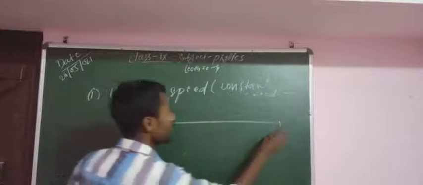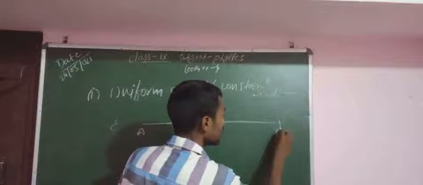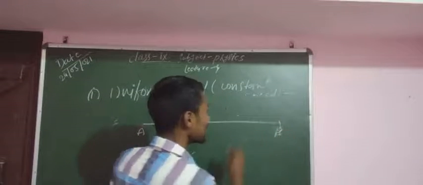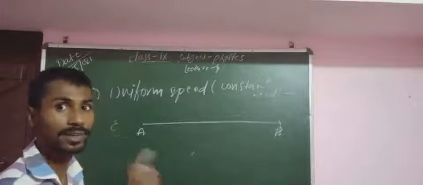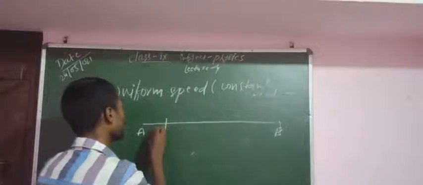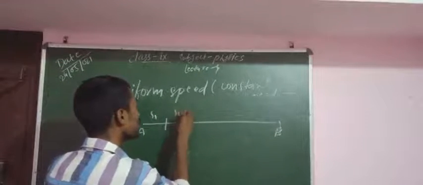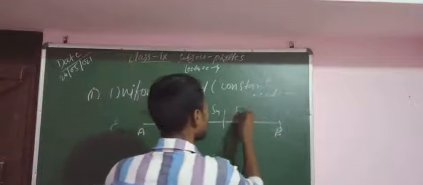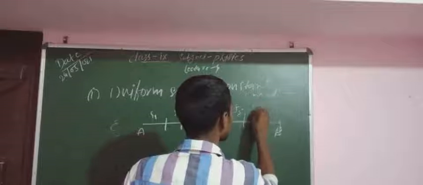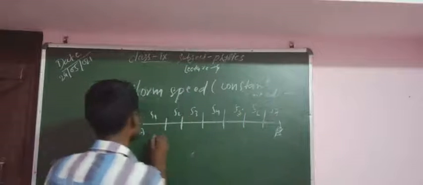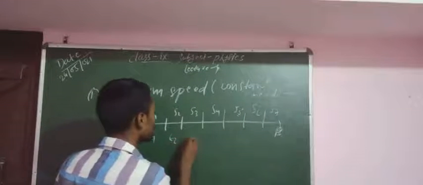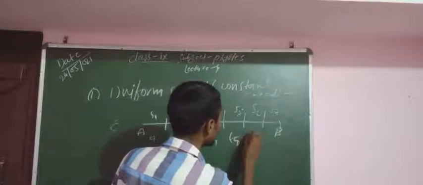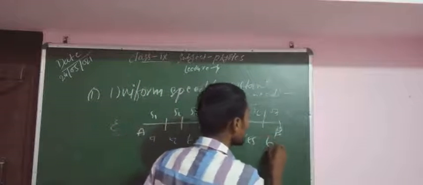A to B is a distance. Suppose that a body covers this distance in segments S1, S2, S3, S4, S5, S6 and S7, at times T1, T2, T3, T4, T5, T6, T7.